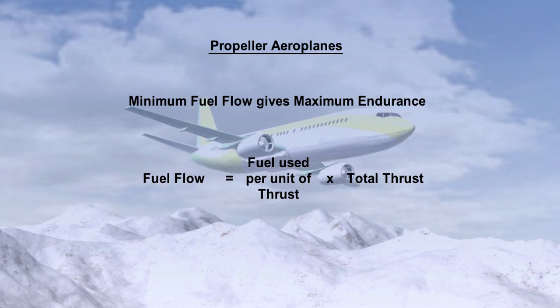So, whereas for a jet the formula for fuel flow was fuel used per unit thrust multiplied by the total number of thrust units, for a propeller, the formula is fuel used per unit of power multiplied by the total units of power. Obviously, to minimize the fuel flow, the fuel used per unit of power and the total number of power units developed must be kept to a minimum.